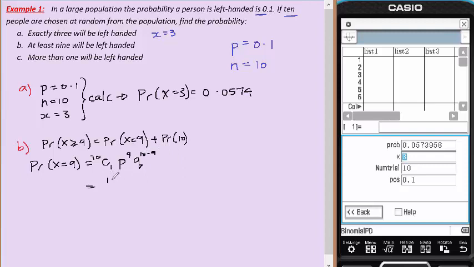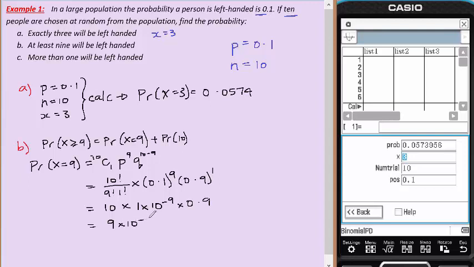So that is 10 factorial over 9 factorial 1 factorial times 0.1 to the power of 9 times 0.9 to the power of 1, which is 10 times 1 times 10 to the negative 9 times 0.9, so it will be 9 times 10 to the negative 9. Ridiculously low number.